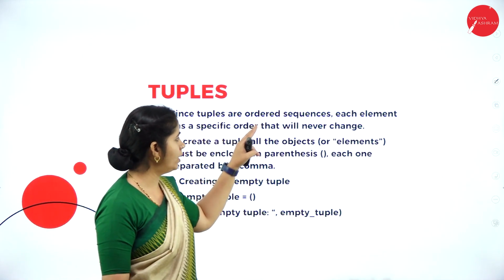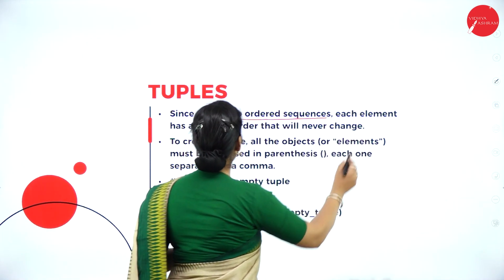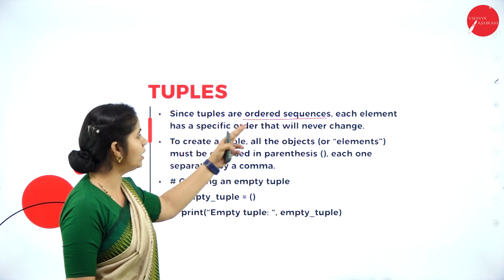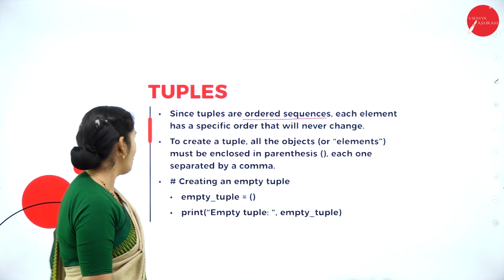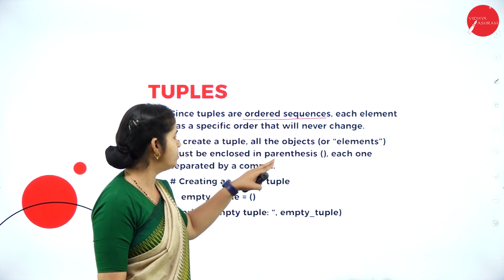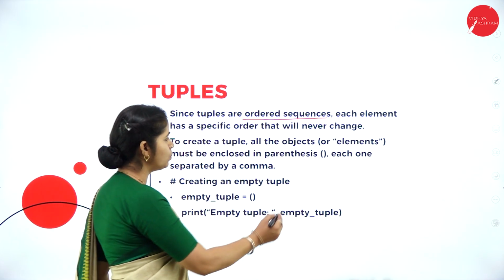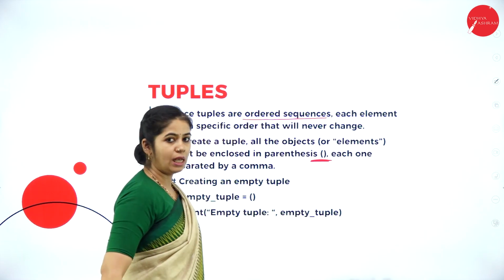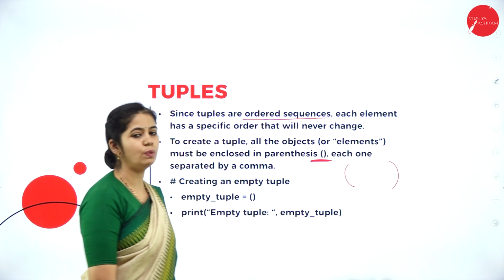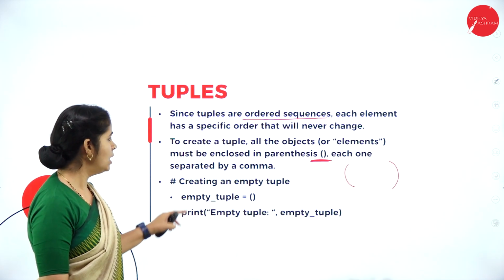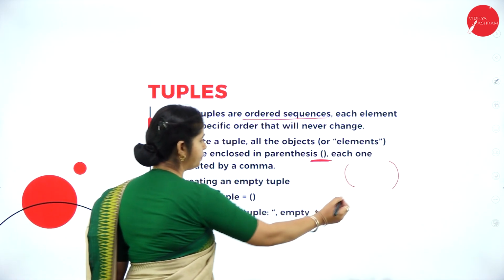Since tuples are ordered sequences, each element has a specific order that will never change. That is immutable. To create a tuple, all the objects or elements must be enclosed within simple braces. How are we enclosing? Using simple braces, we enclose the elements separated by commas.